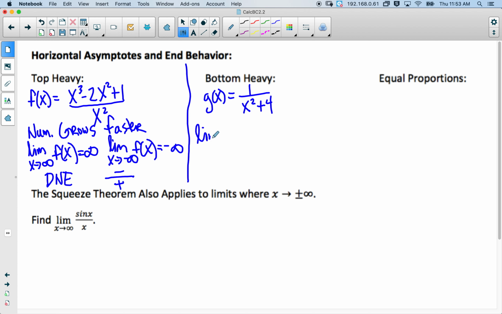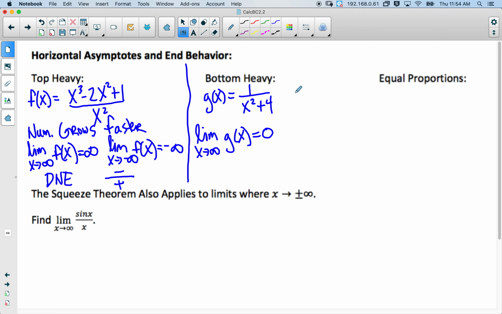So the limit as x approaches infinity of g of x is equal to 0. That's because the denominator grows without bound and the numerator remains a 1.